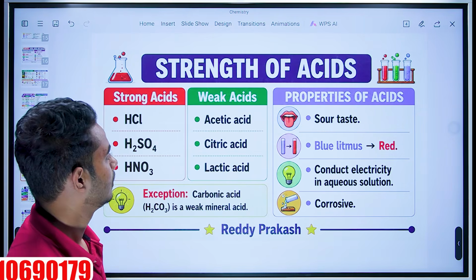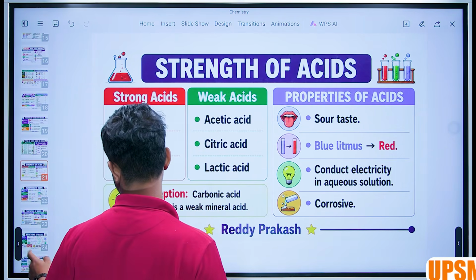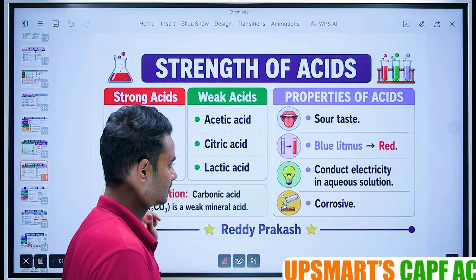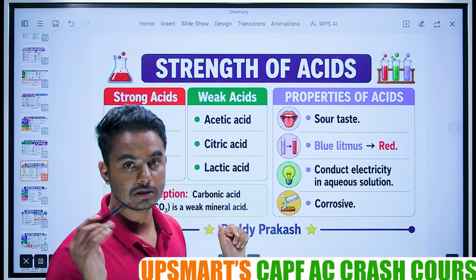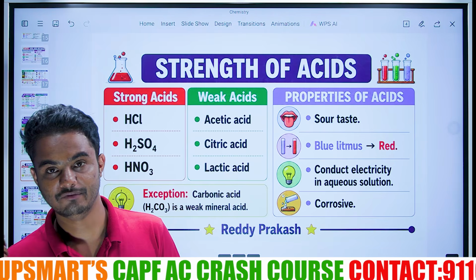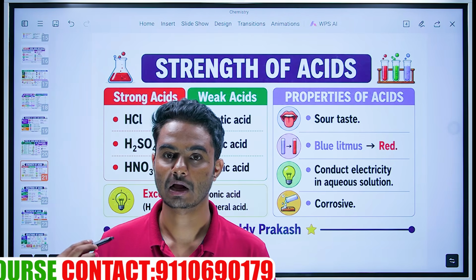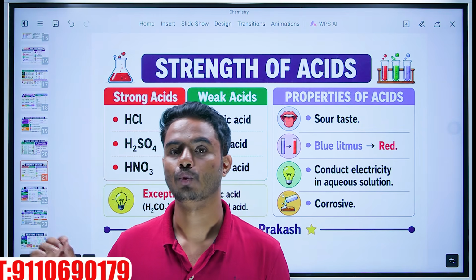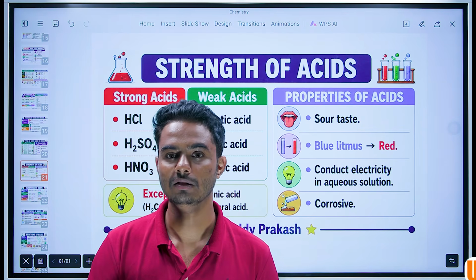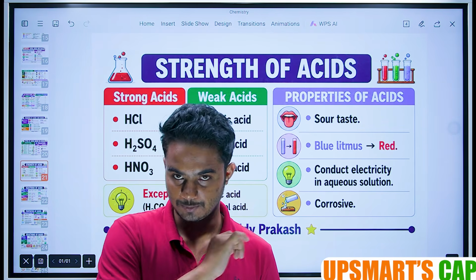So easy. Now, what are the properties of acids? Now see, regardless of acids or bases, when dissolved in water, what does it produce? It produces ions. The base will produce OH minus, the acids will produce H plus.